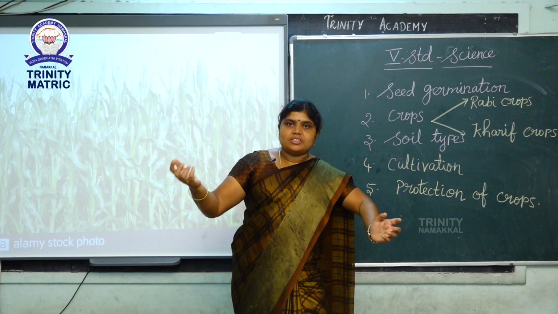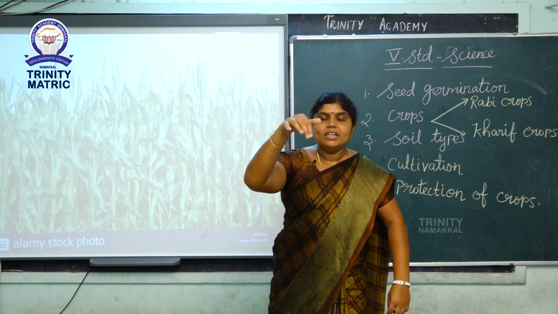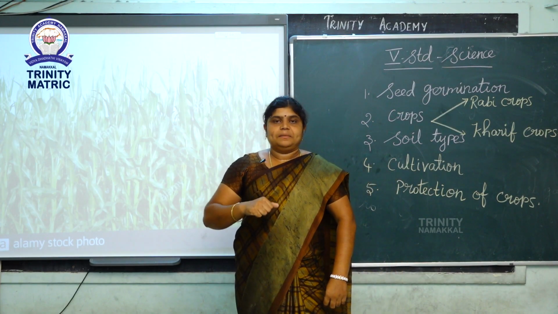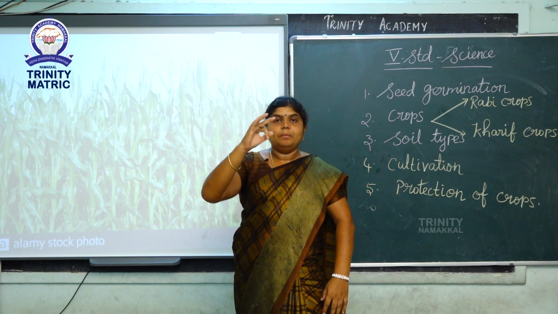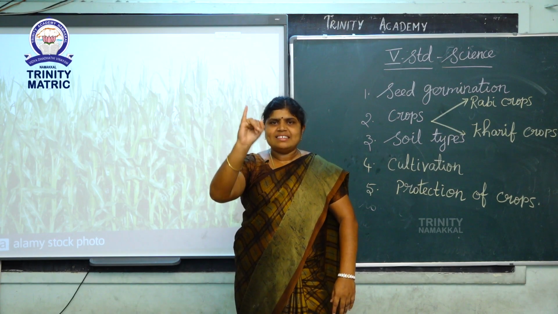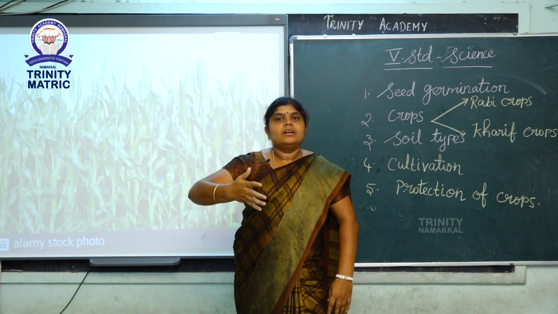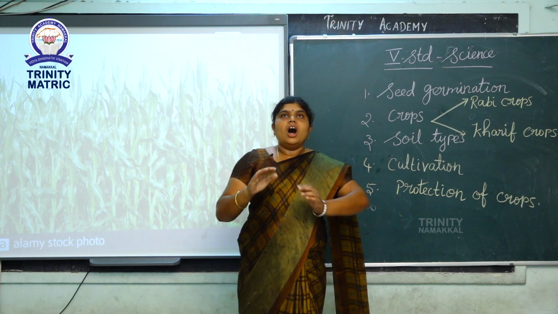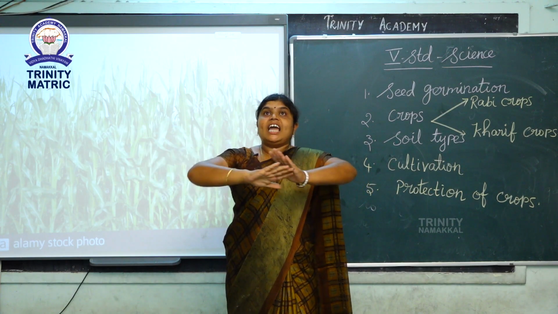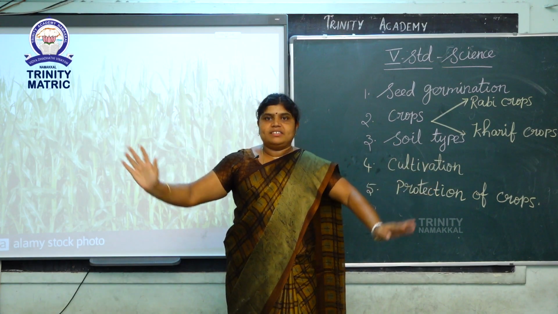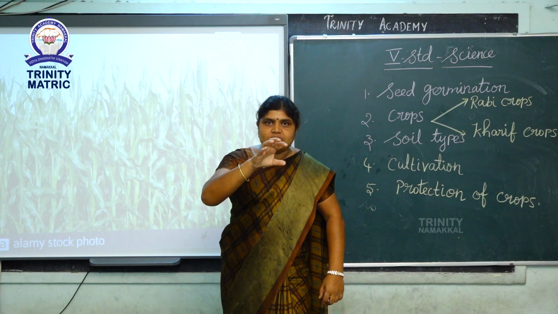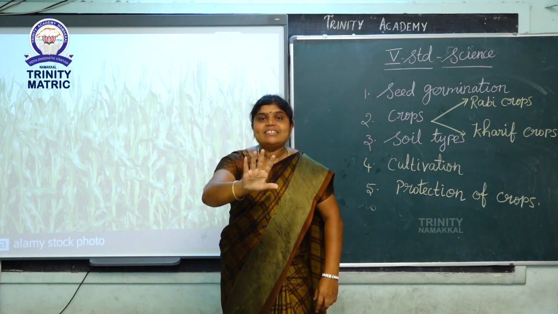Some crops can be grown in the monsoon season. The seasons are of many types: summer, winter, monsoon, and spring. All kinds of crops cannot grow in all kinds of seasons. Particular crops grow in particular seasons.